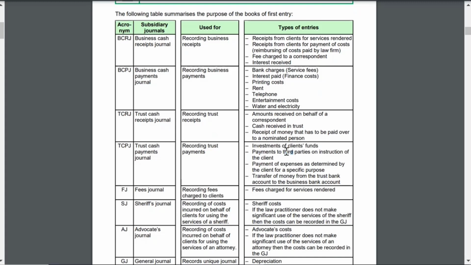So remember guys, when it comes to the trust, when money is recorded by the attorney into the trust account, it is released only by the instruction of the client.